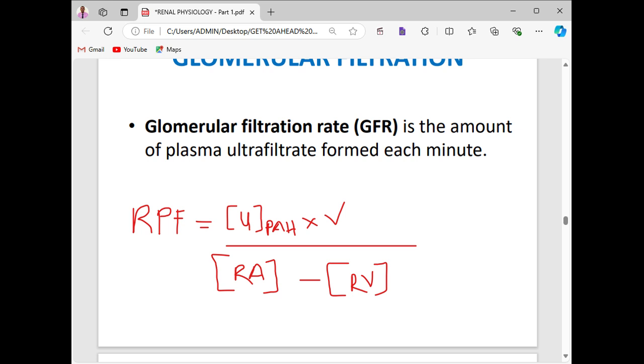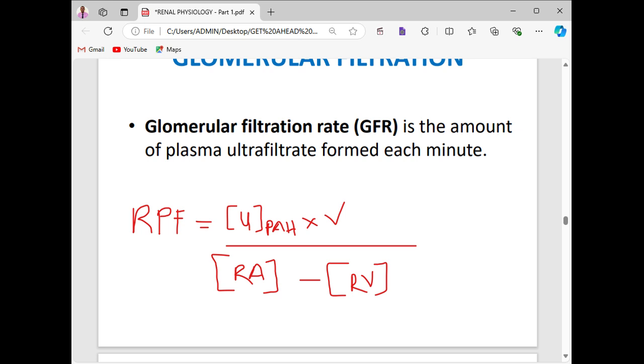By the way, normal renal plasma flow is 600 milliliters per minute. Now we have pressures which determine glomerular filtration rate. Number one, the glomerular capillary pressure. Then the colloidal osmotic pressure in the glomeruli. Then we also have hydrostatic pressure in the Bowman capsule.